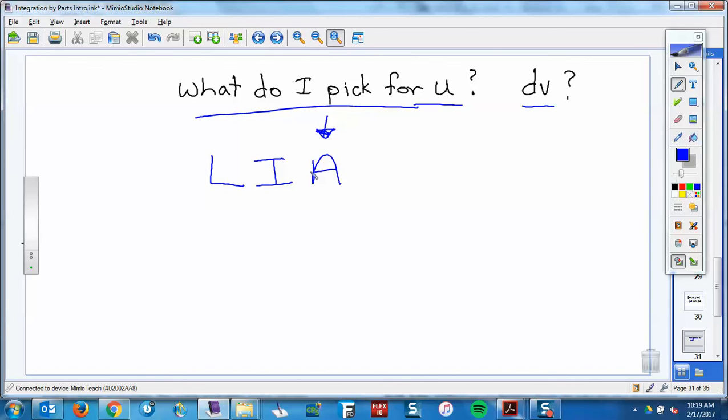Algebra functions, like x squared, x cubed, we can do the derivative and the antiderivative of those easily, so those could go either way. The trig functions, sine, cosine, could probably go either way too. And then the exponential functions are really easy to do the antiderivative of because they just stay the same, so put those at the end. Okay, this little thing, we're going to pronounce that LIATE.